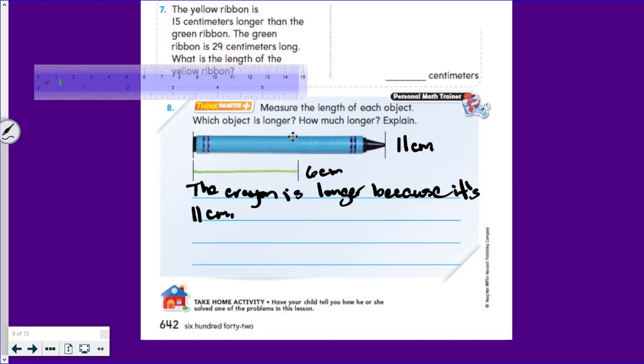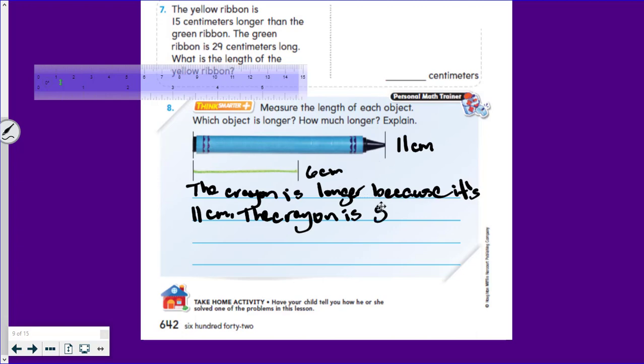And then, how much longer? Okay, so we'll say the crayon is, let's see, 11 minus 6 is 5.